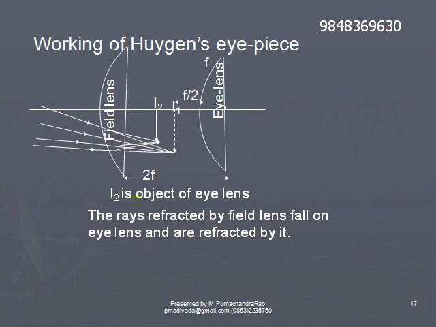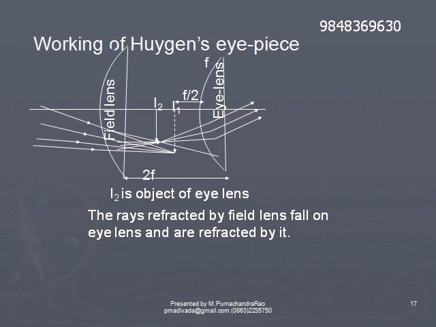This image I2 acts as the object for the eye lens. The rays refracted from the field lens pass to the eye lens, and once again refraction takes place in the eye lens.